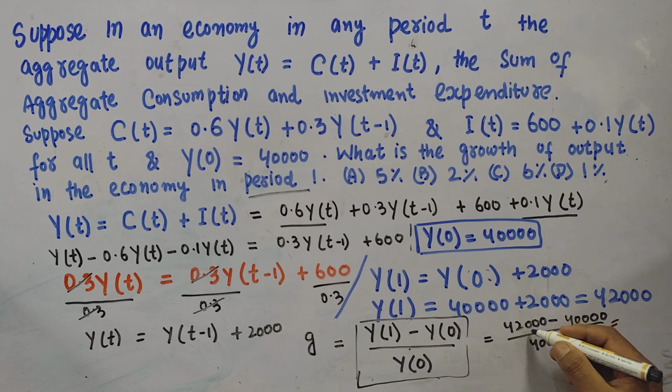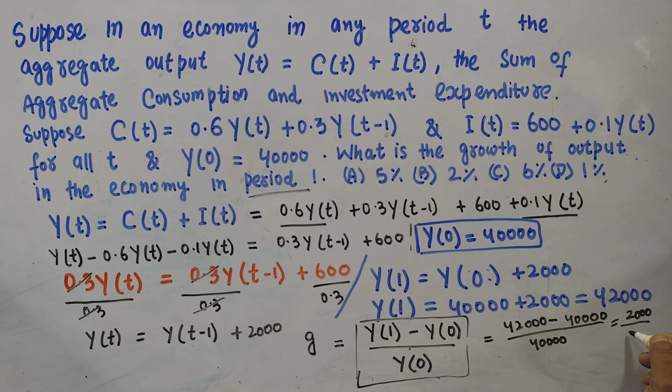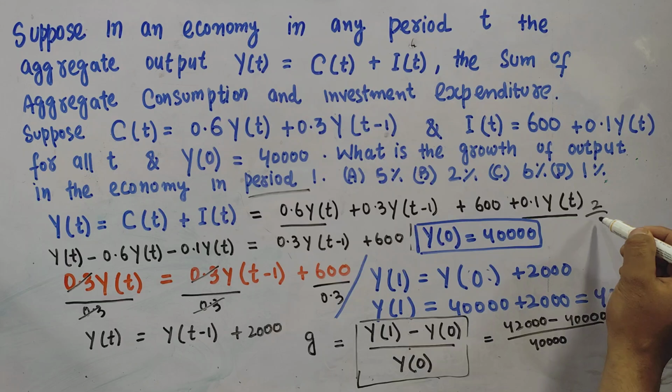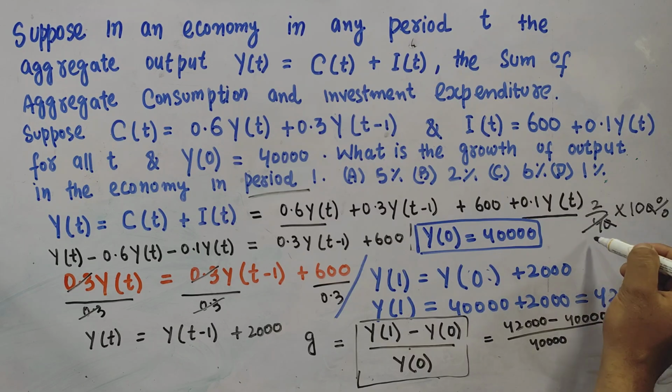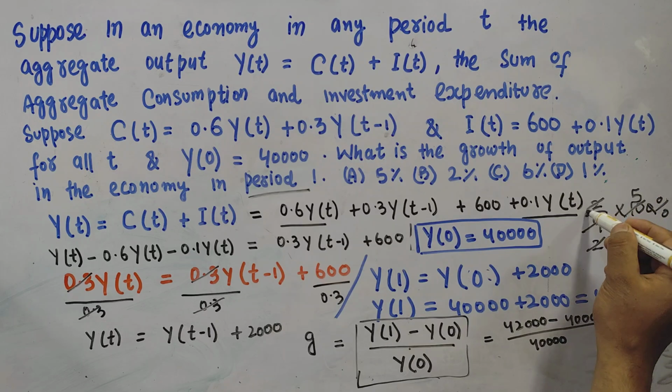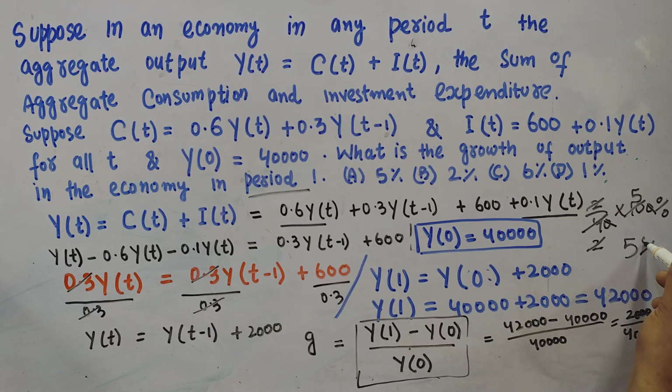So it is 42 minus 40, it is 2,000, divided by 40,000. 3 zeros get cancelled, so we get 2 upon 40. But we have to find it in percentage form, so let's multiply it by 100%. Again this 0 gets cancelled, so we have 2 2s are 4, 2 5s are 10. This 2 and 2 get cancelled, we are left with 5%.